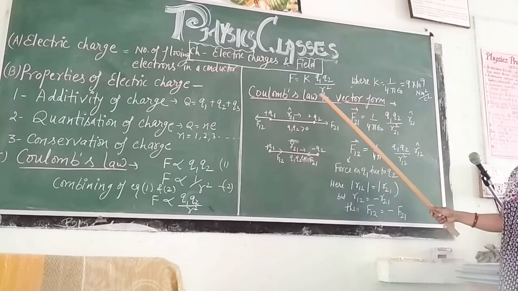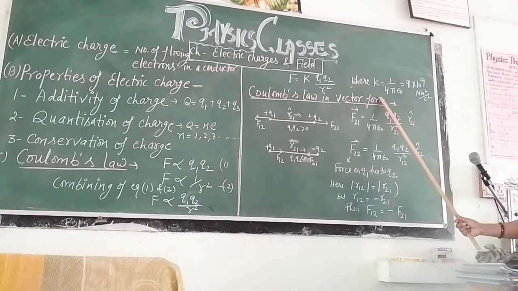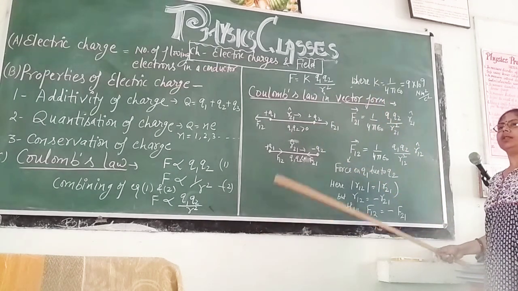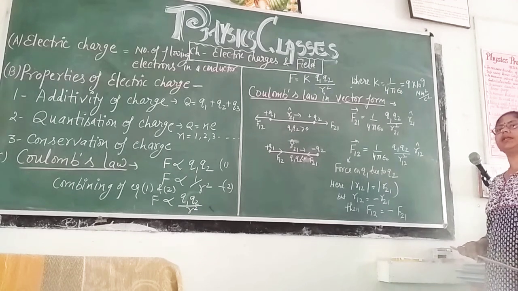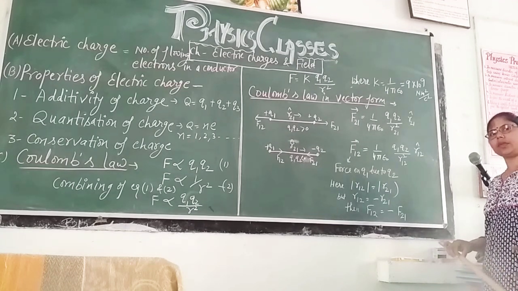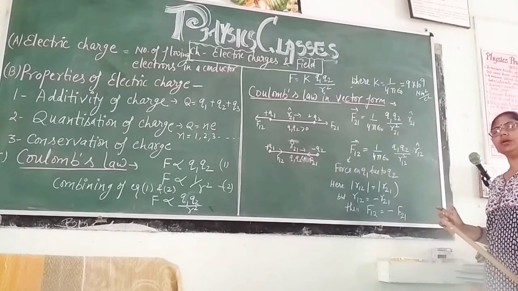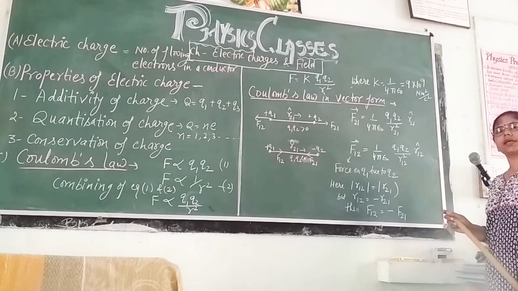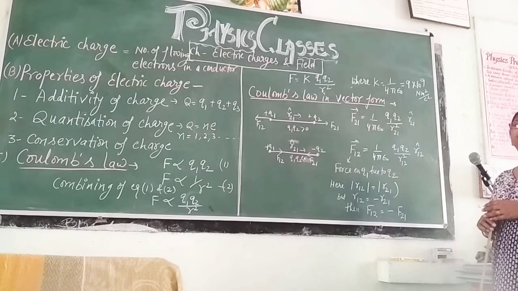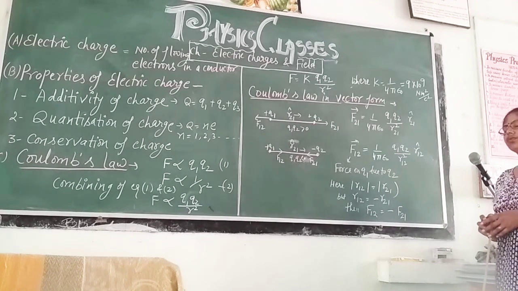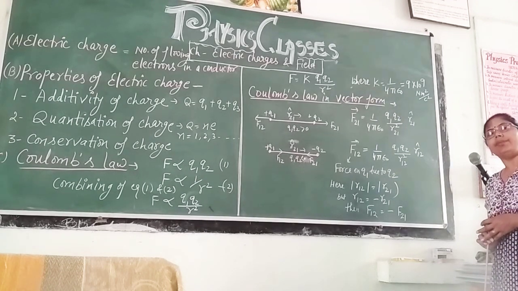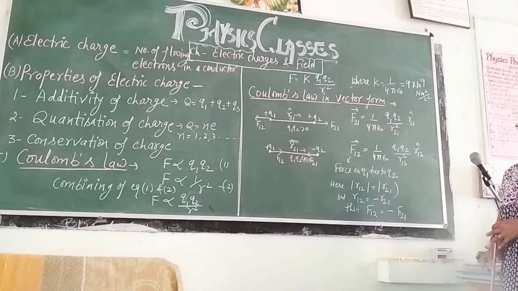Next, Coulomb's law in vector form. Vector form means, as you know, that some quantities are vectors and some are scalars. Vector quantities are those which have both magnitude and direction, but scalar quantities are those which have only magnitude, not direction.